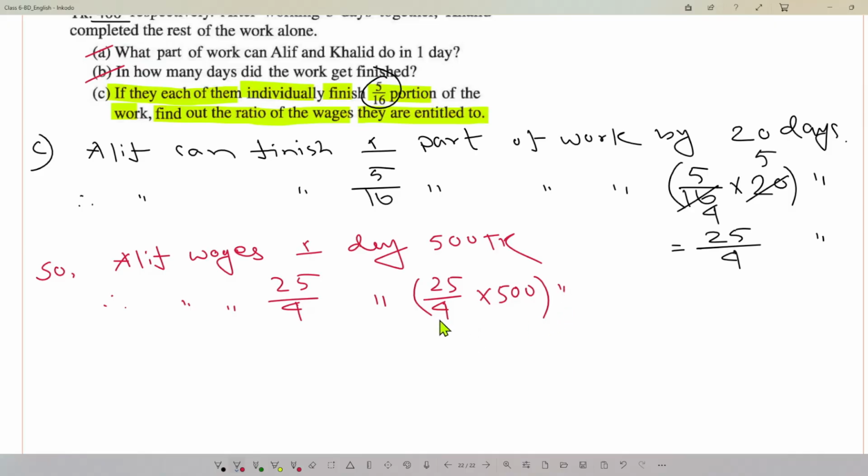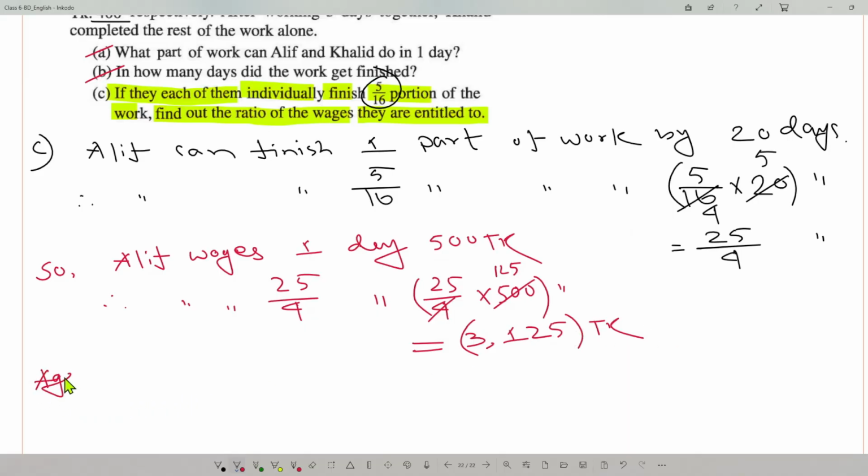Then 500 divided by 4 is 125, right? So 125 times 25 is 3125 taka. This is the wages of Alif for 25/4 days, right?